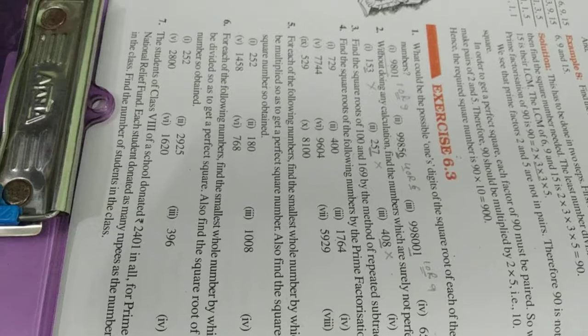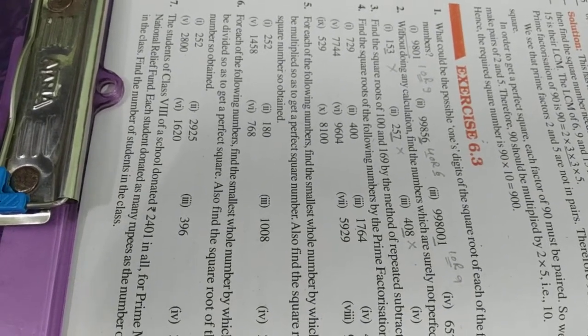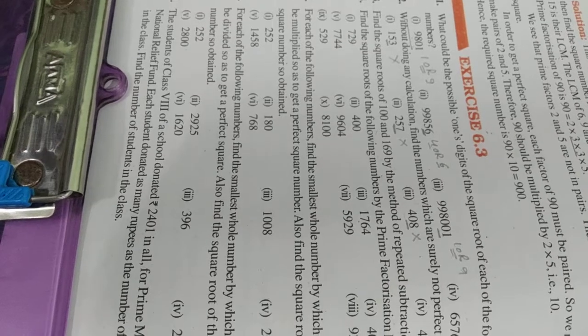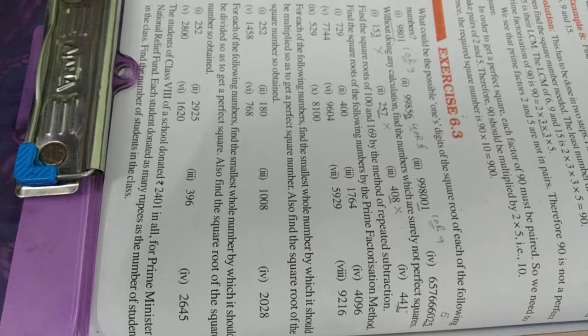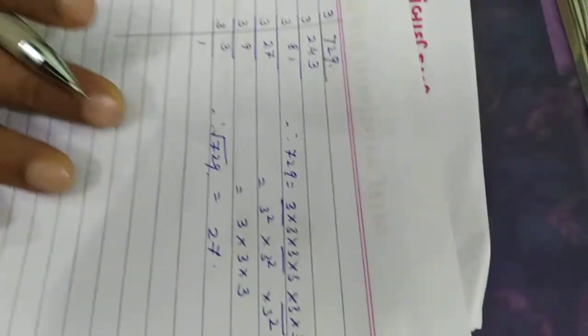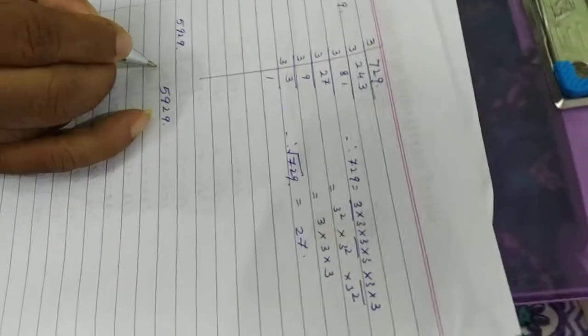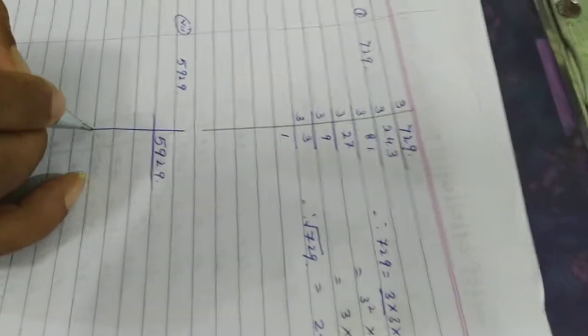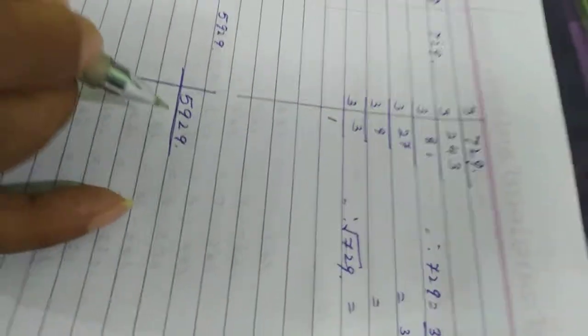Now we'll explain example number 7. 5929. Now let's see the factorization. See, what's the unit digit? 9, so it cannot be divided by 2.